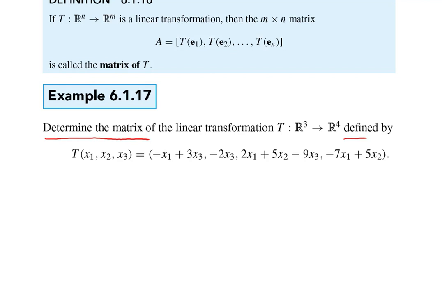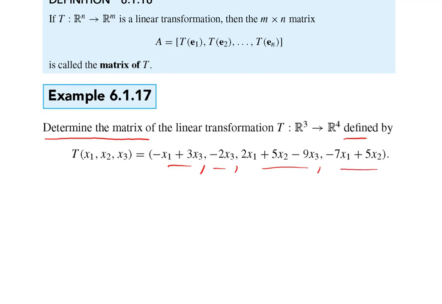Probably from the previous example you could write it down quick, but let's just discuss it quickly. So we have T of x1, x2, x3 equals. Notice I have 4 spots. Here's my first comma. Here's my second comma. Here's my third one. I do have 4 spots. 1, 2, 3, 4.